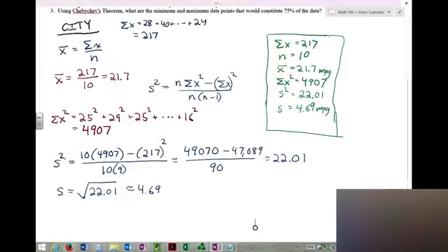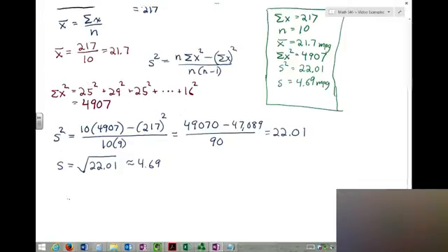The last thing we have to do is find the coefficient of variation. The coefficient of variation is going to be 100% times a ratio of the standard deviation over x bar.